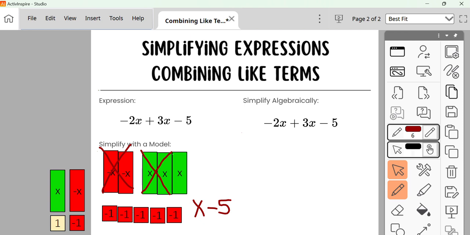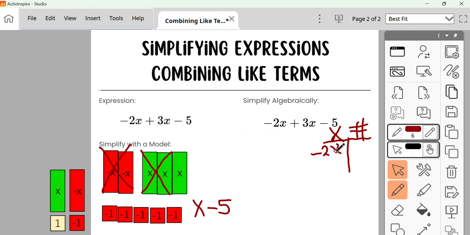So again, when we simplify algebraically, I'm going to draw my T-chart. I'm going to label my first column with whatever variable we're using and my second column with the number sign. I see here that we have negative 2x. So I'm going to write that down, negative 2x.